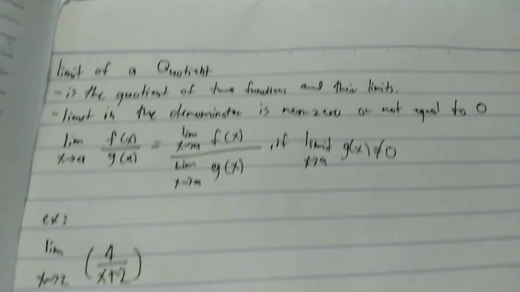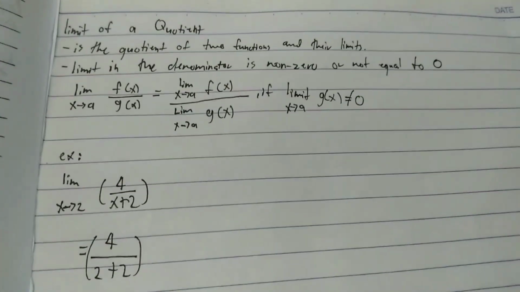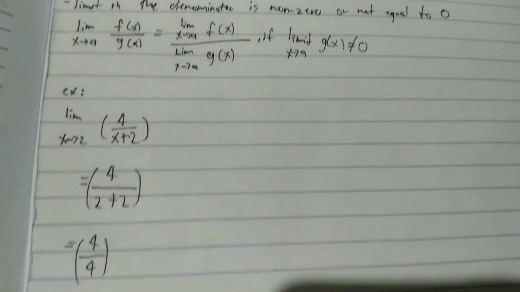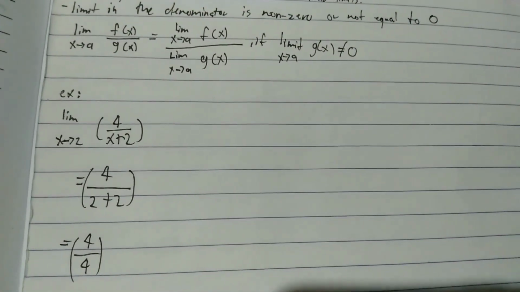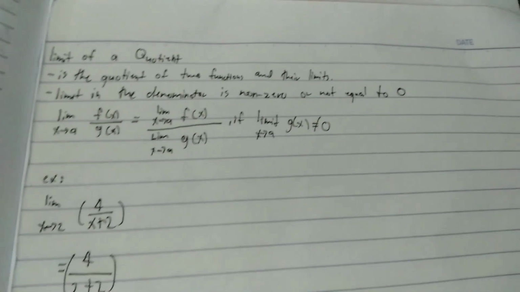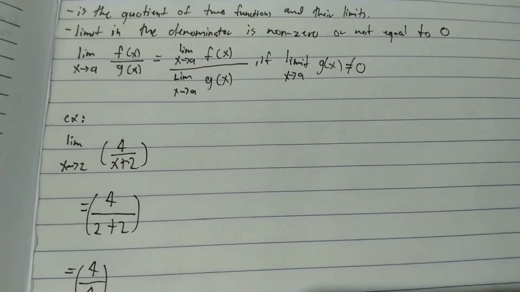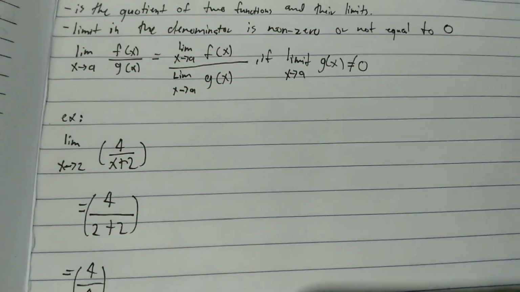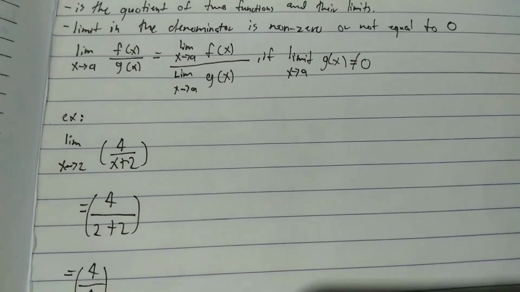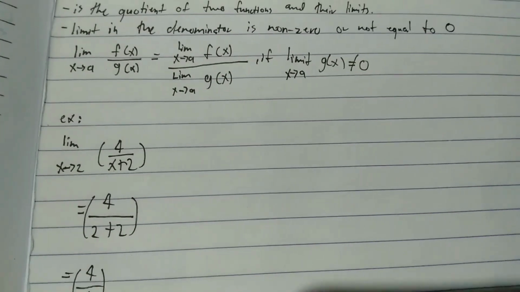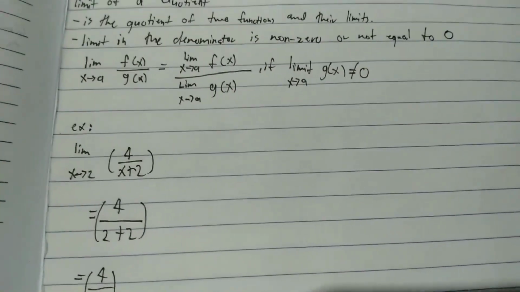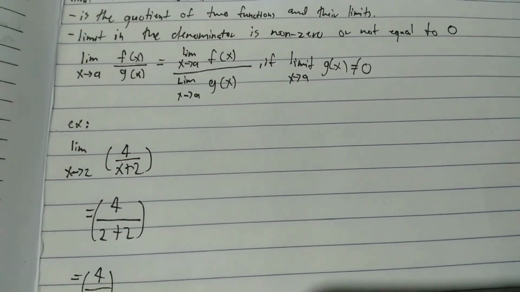As for the example that I think will best help explain limits of a quotient: lim as x approaches 2 of 4 over x plus 2 becomes 4 over 2 plus 2, because we just substituted the value of x for 2.